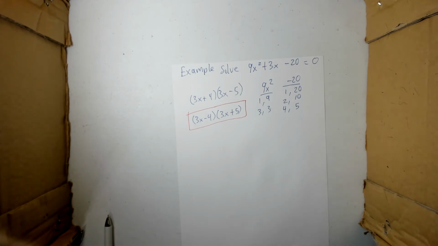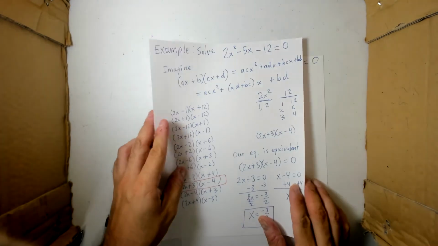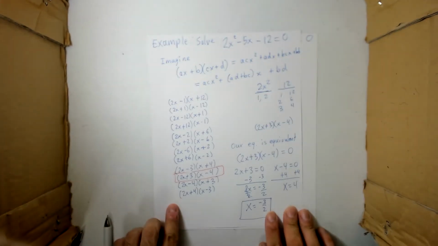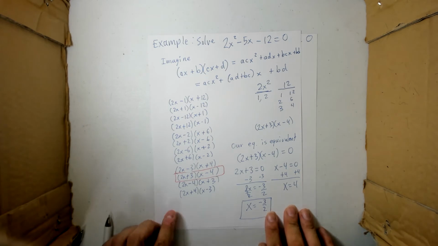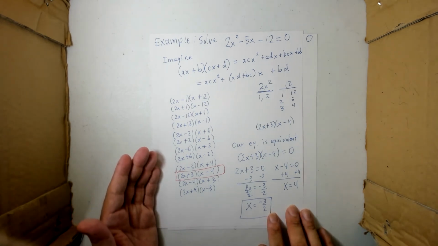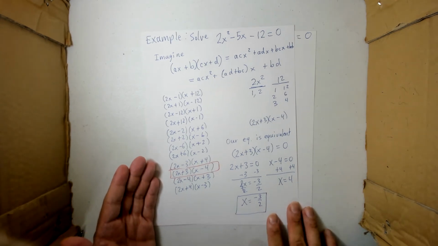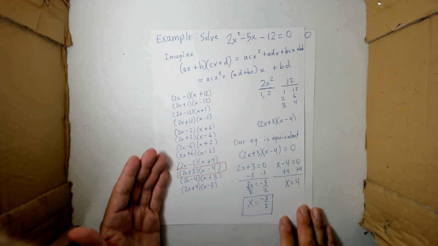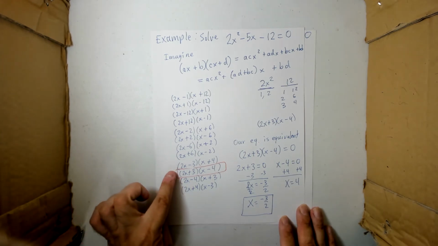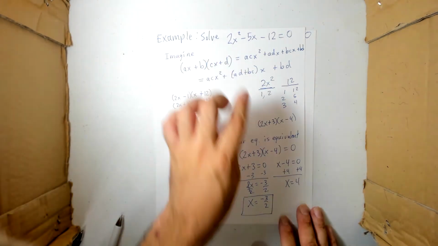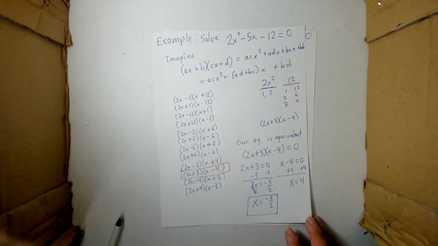Now, let me highlight what I was doing there one more time. So our original example was this monstrosity where we had 12 possible factors, and we systematically wrote them down. We checked each one, and we found the ones that were not good enough, and then we found the one that worked. If you carry out this multiplication, you will recover this quadratic.